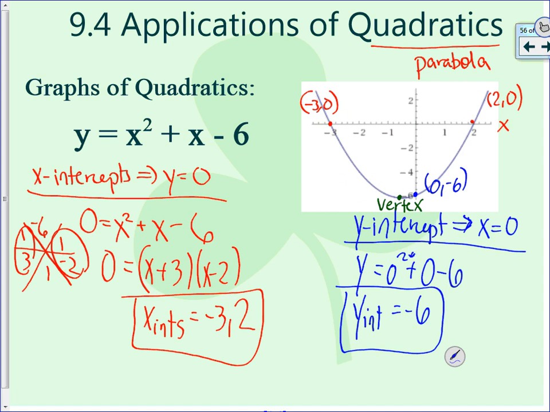That's the vertex. And one thing I'd like you to notice is that the vertex is exactly halfway between the 2 x-intercepts. So we have 1 x-intercept at -3, 1 x-intercept at 2. What x point is halfway in between -3 and 2? Exactly halfway.